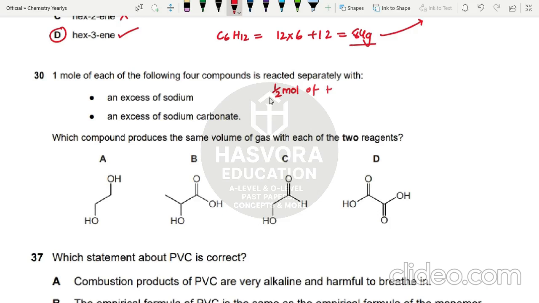of H2, or you can also say only one atom of hydrogen, is formed with one OH or hydroxyl group.